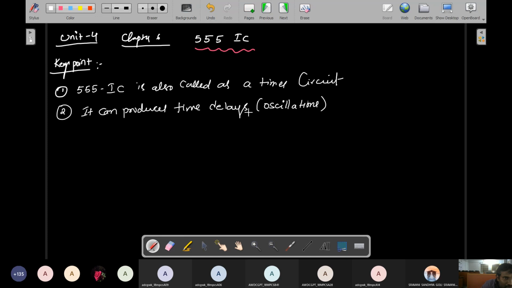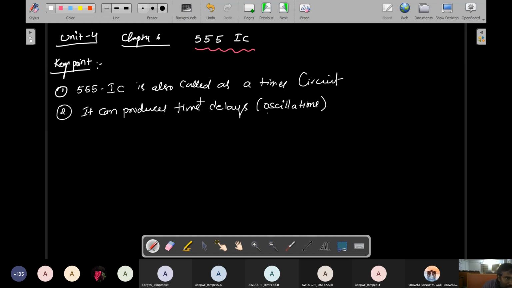We are using these triple five ICs to construct astable and monostable multivibrators, because these ICs are producing time oscillations. That is the reason these triple five ICs are used in the construction of multivibrators.